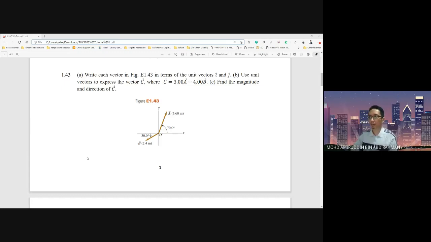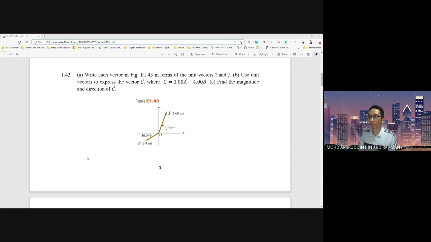Okay, that's correct. So that's the unit vectors. Now use unit vectors to express the vector C, where C is 3A minus 4B.